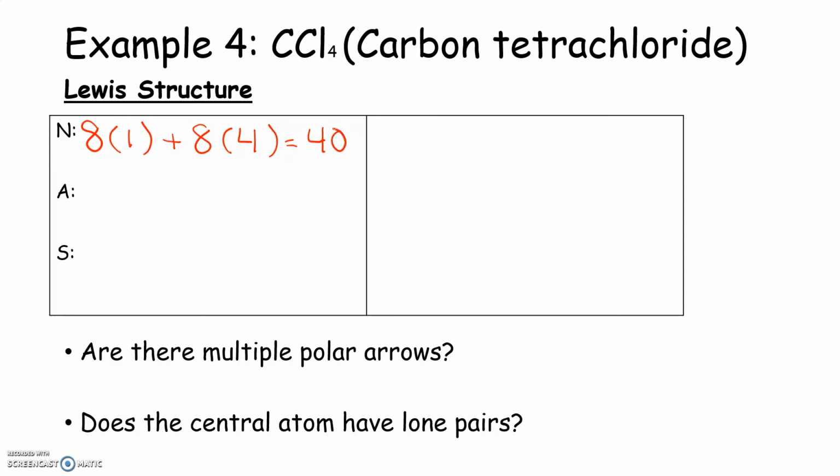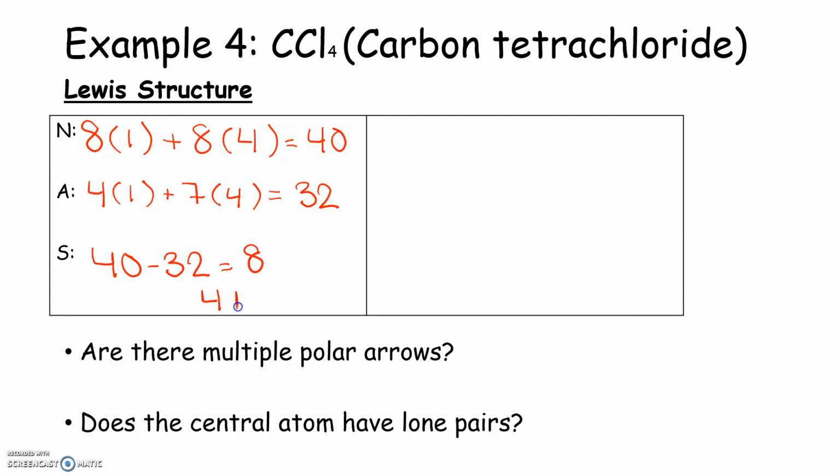Wow, that's a lot. Carbon is found in group 4A, so I have 4 valence electrons, and chlorine is in group 7A. And there's 4 of these. If you don't know these off the top of your head, which you're not expected to, check your periodic table. So now 28 plus 4, well, that gives me 32. So 40 minus 32 gives me 8 shared electrons.